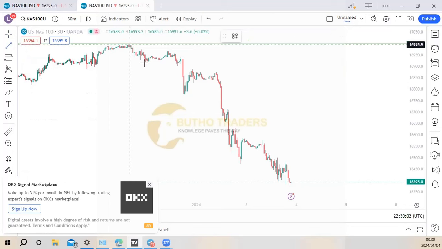From there, going to where it created our first lower low, which is this one. Then I put another trend line from that first lower low to the next point where it created our first higher low, which is this one. Our next higher low was that one before it went down.